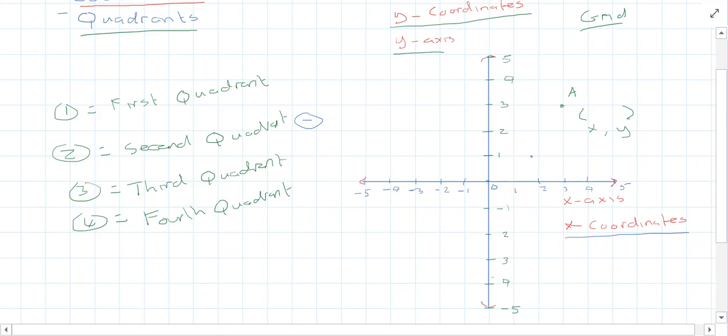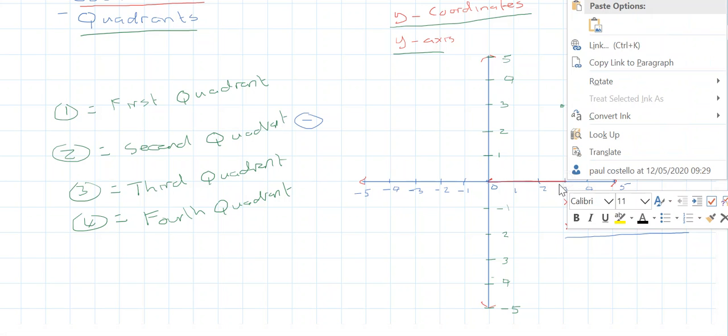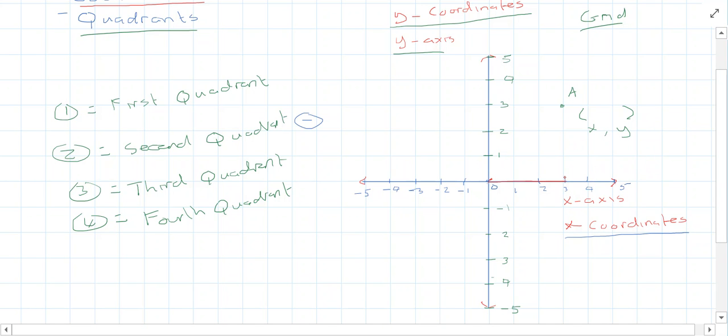So how would we draw this? In order to get the x value, we start at the origin, which is here, and move our way across, and we see that we stop on the x value of 3. Then we draw a line up to where the point is.